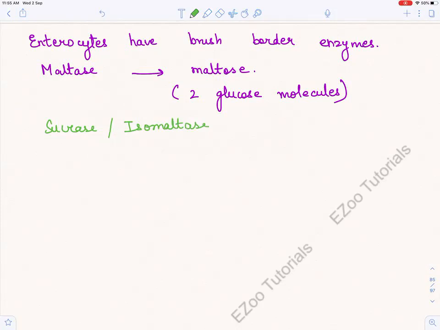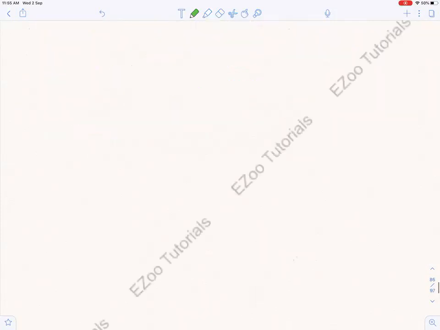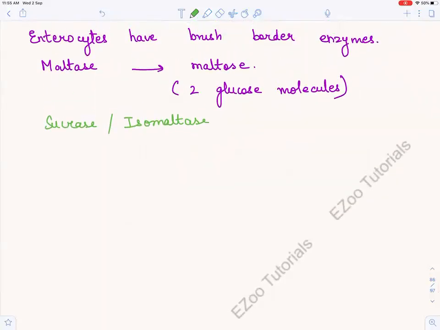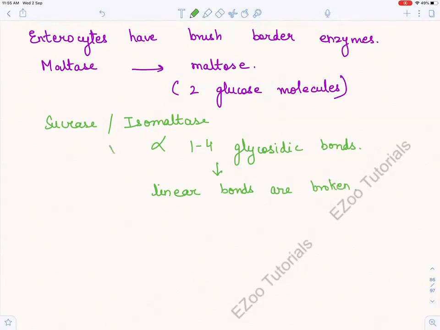Please see, it will work on both. It will work on alpha 1,4 glycosidic bonds, and when it does, the linear bonds are broken. Remember when we did the structure of starch?